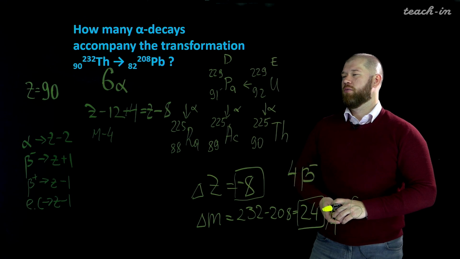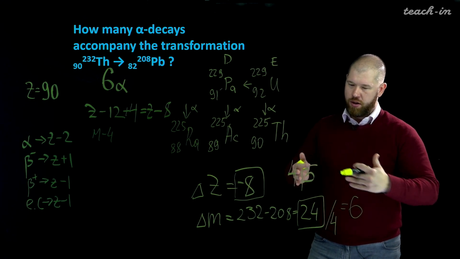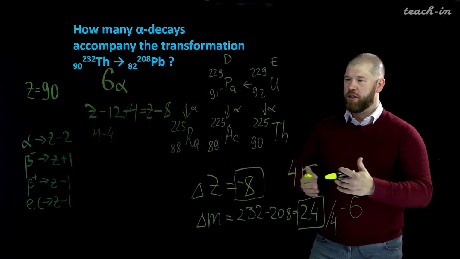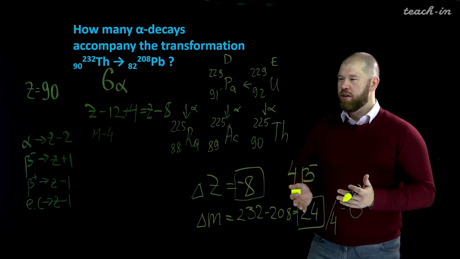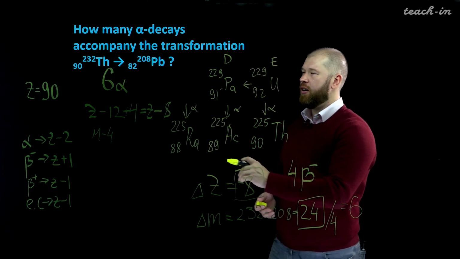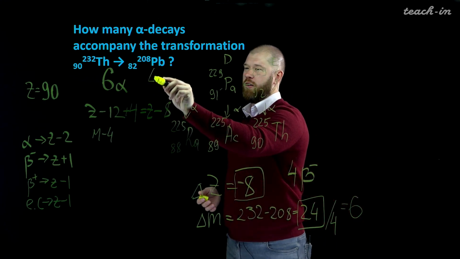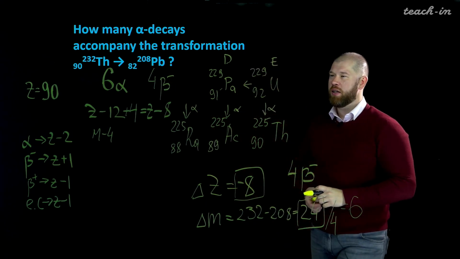So, from these simple equations, even if we don't know the whole chain of the radioactive decay, we can easily say that there should be at least 6 alpha decays and 4 beta minus decays.